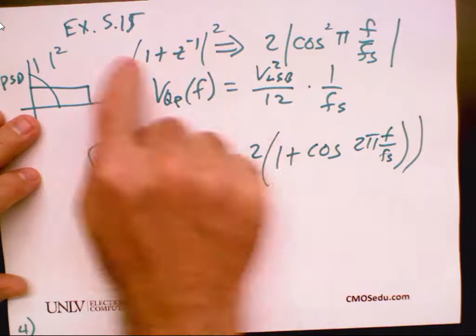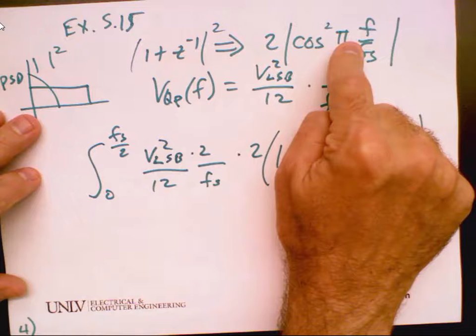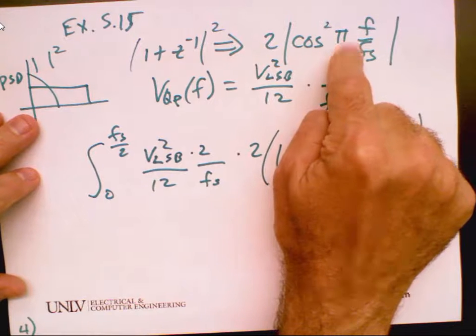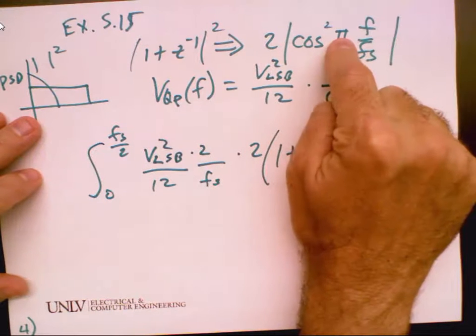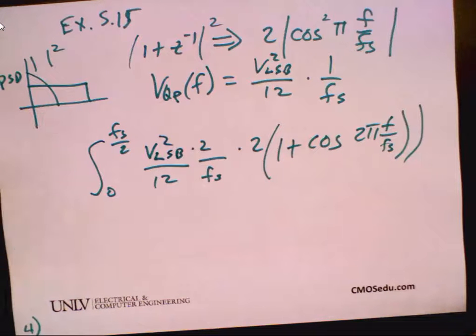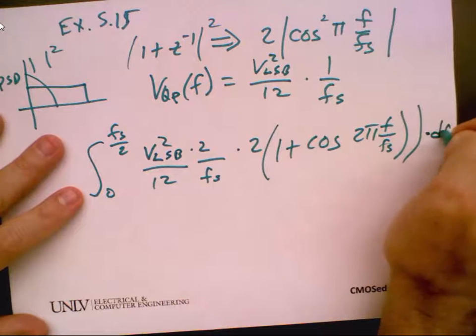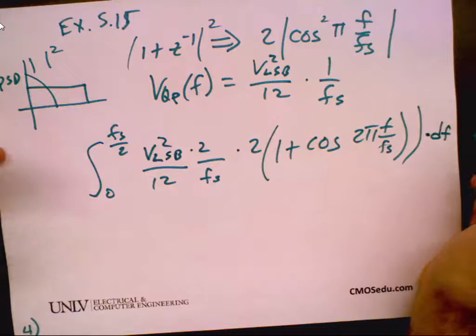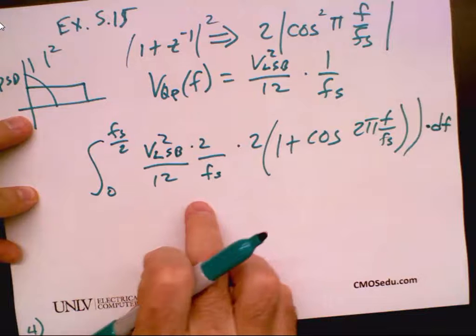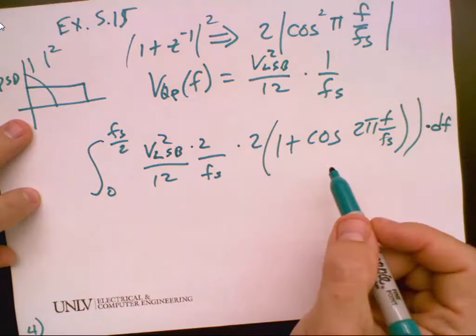So when I square the filter transfer function, I get cosine squared here. Then I use the trigonometric identity from equation 1.29 and I get this. And then of course, what did I leave off here? Over frequency.